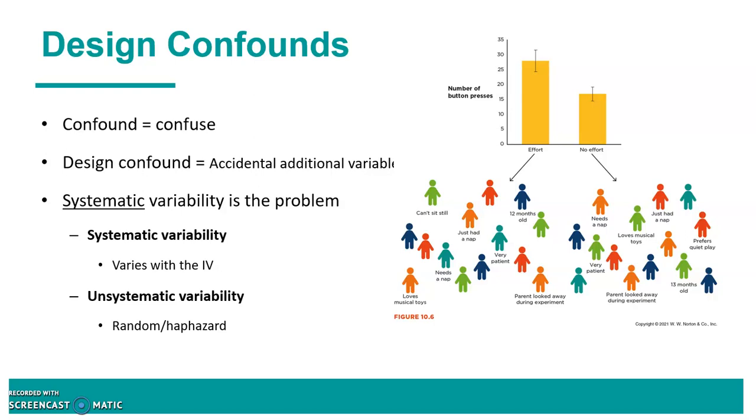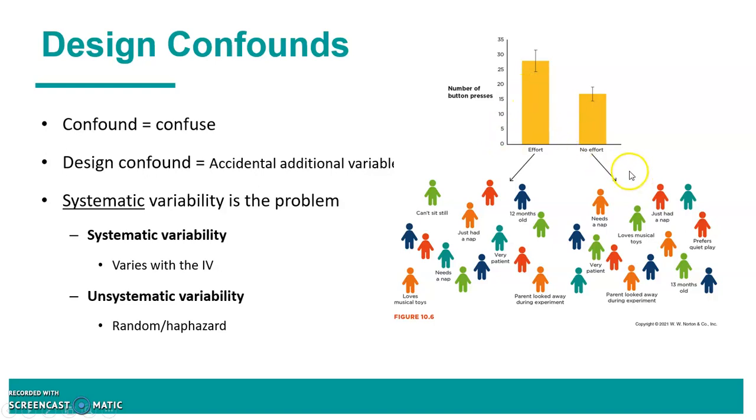Okay, so this is kind of an illustration. Say in the effortful condition, there were babies. You have this variety of babies, some that just had a nap, some that need a nap. Okay, and of course they're going to vary in their responses to watching the effort and in their persistence.